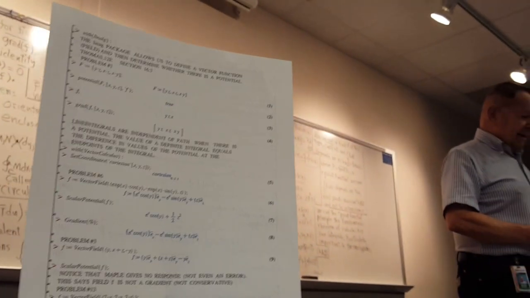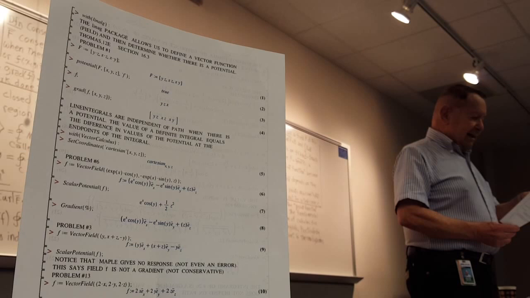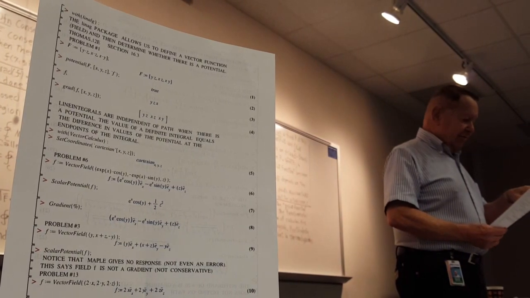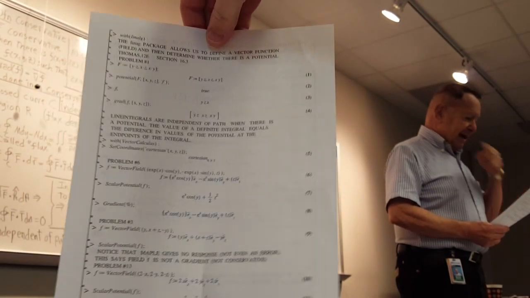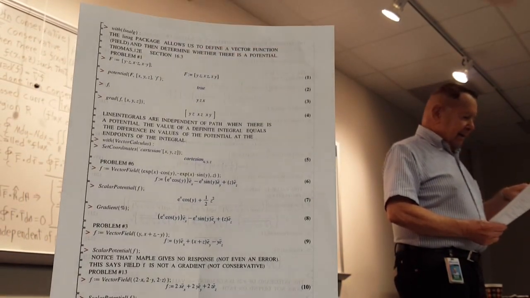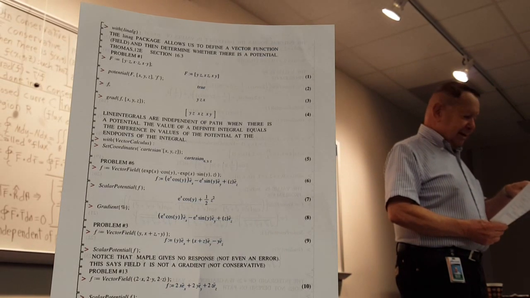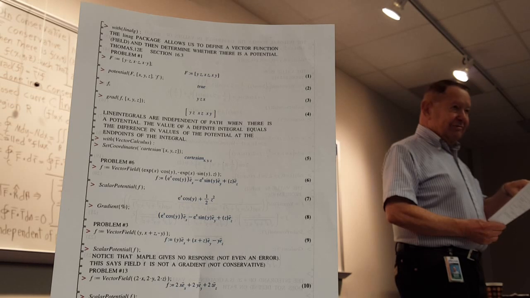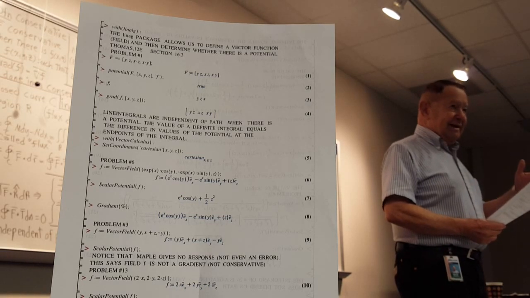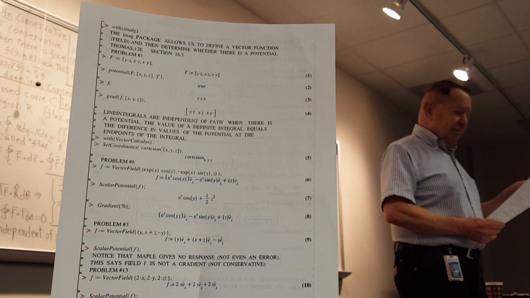And then if you also type small letter f and put it in quotes, and then it follows your command and so on. If there is a potential, the Maple system will say true, which means it tested that curl is 0.